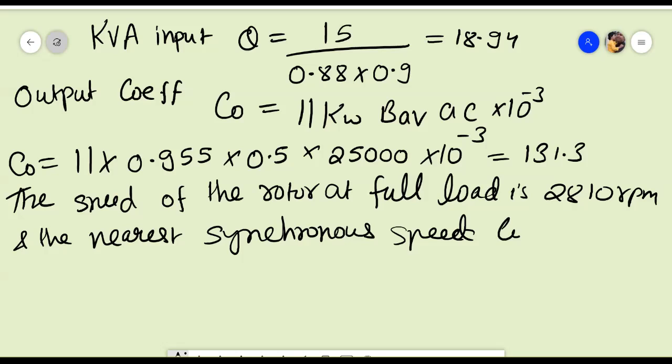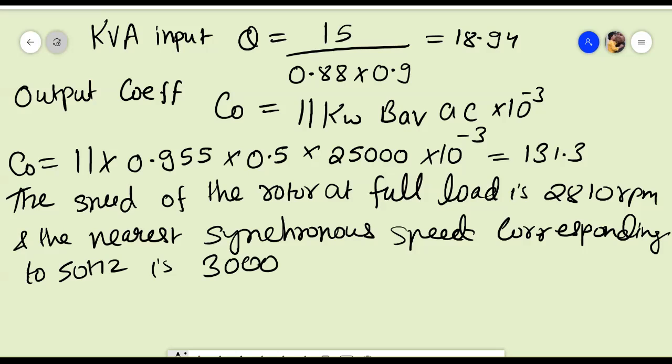which corresponds to 50 hertz is 3000 rpm, right?